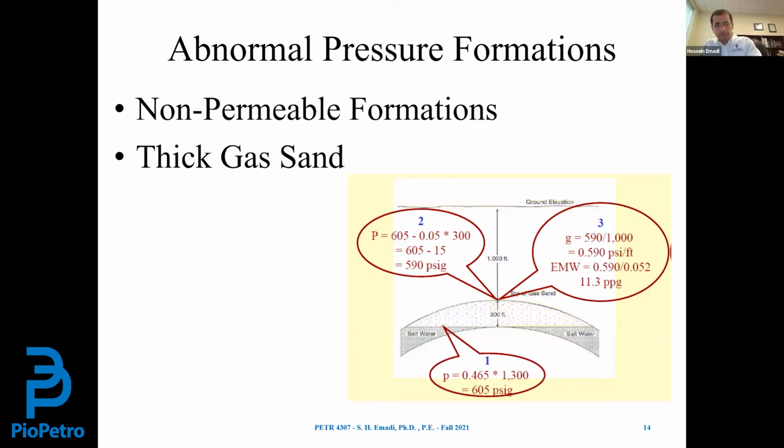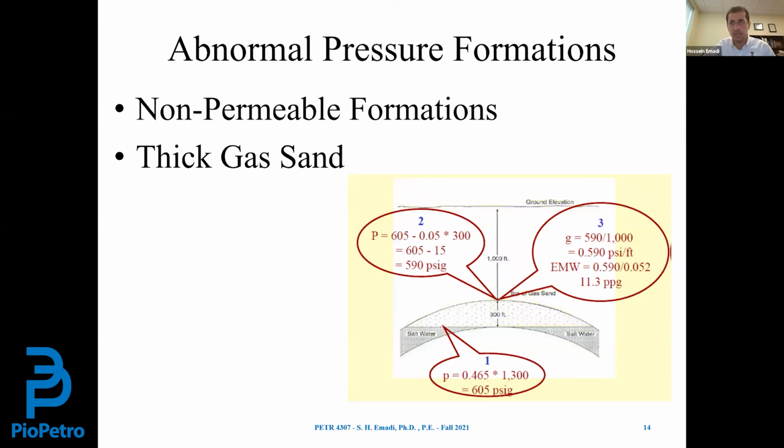Simple. The second scenario is when we expect to drill through a thick sand formation. This is the example here. All the way from the surface down to 1,000 feet, we're drilling a normal pressure gradient, and we expect to enter a gas-bearing formation.